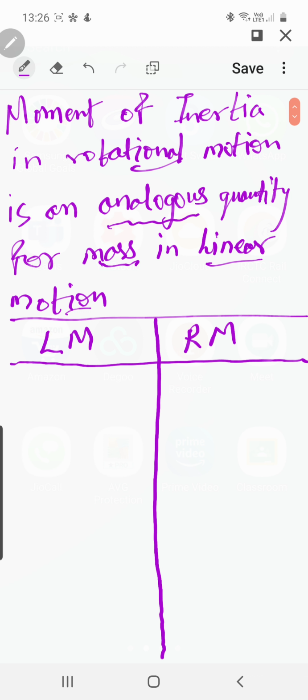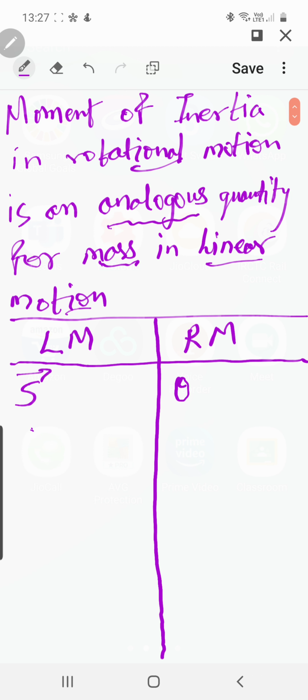First, suppose I am considering displacement. Displacement is given by s in linear motion, and here it is given by theta, that is angular displacement.